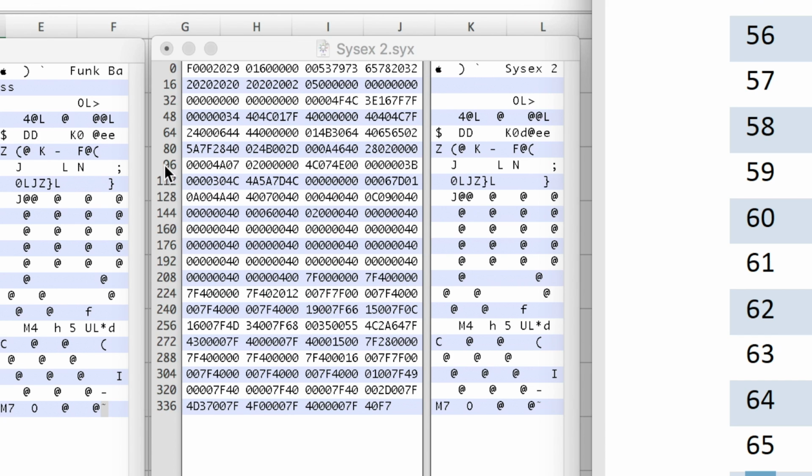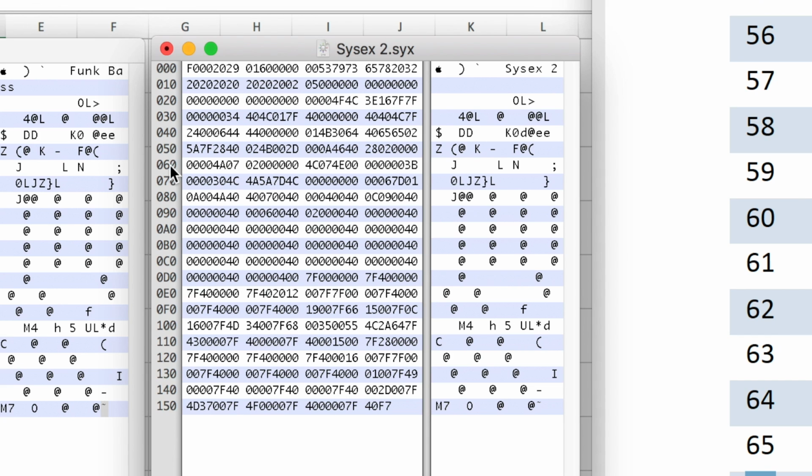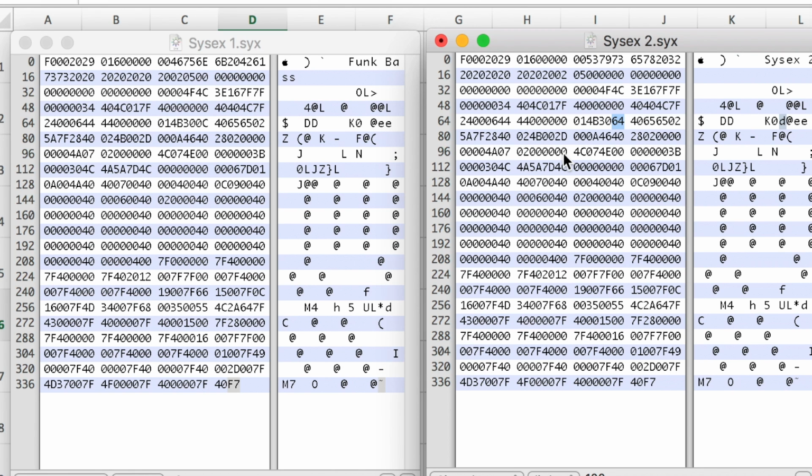So over here on the left, you see that this is the decimal number actually, and you can have it in hex as well just by clicking on it. But these are the decimal numbers, so we would look for number 75. So there's byte 64, 65, 66, 67... 75. So there's the byte that was affected when I changed the resonance setting.